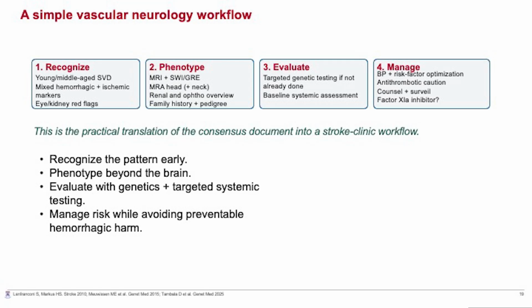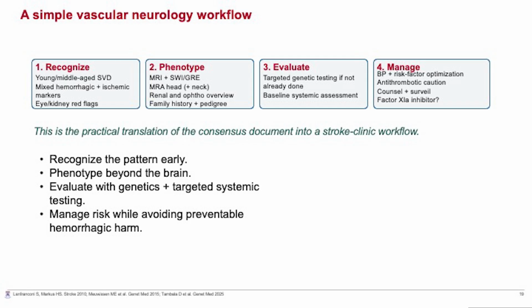So this is the simple workflow that we have: you recognize that there's something atypical going on here. You phenotype, to not just get a sense of the genetics, but get a sense of, on the spectrum of mild or nothing to severe, what is going on with the patient in front of you. To do that, you not only have to get a history, but you have to look at imaging, vessel imaging, and get a sense of the kidney function and the eye function.